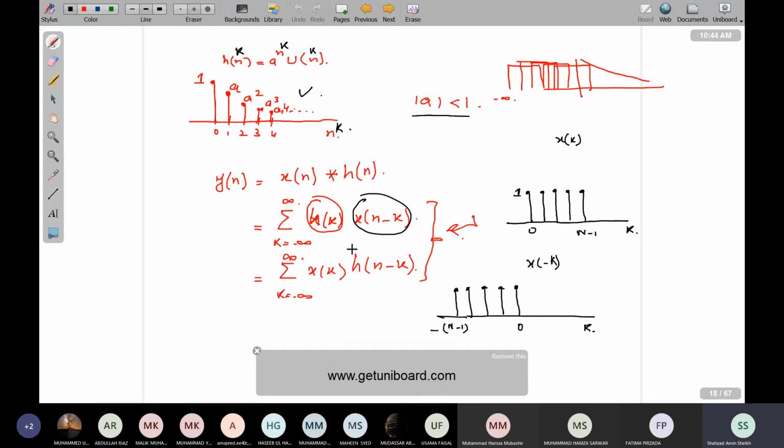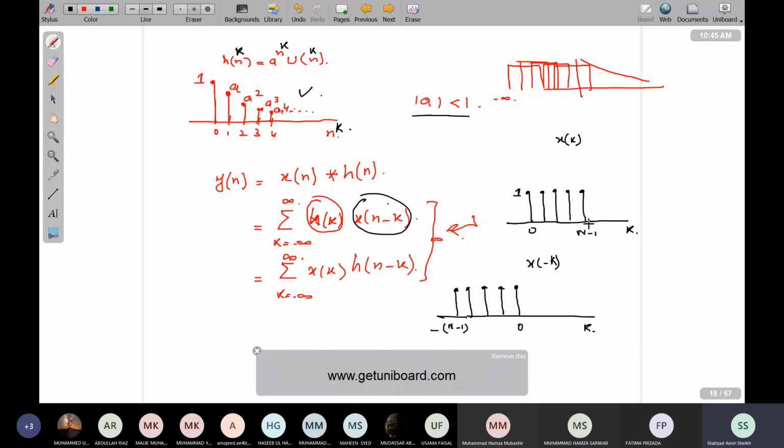As in the equation, we are using the dummy index k. So now x of k is nothing but 0 to N minus 1. Everything is the same except your index is changed, which will vanish in the end. So on the k index, x of k is formed. Similarly, if you are interested in x of minus k, it will be 0 to, it will be flipped.